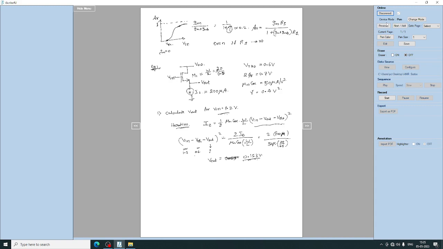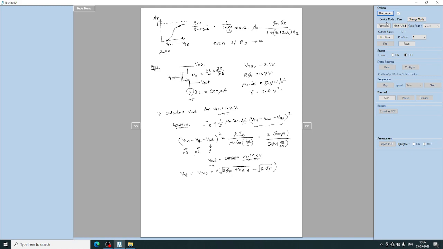But as we see here, in transistor M1 the body and the source terminal are at different potential. Hence there will be a change in the threshold voltage, and this change will obviously affect your output voltage. To find the change in threshold voltage, we have the expression VTH is VTHO plus eta into the square root of (2 phi f plus VSB) minus the square root of 2 phi f.